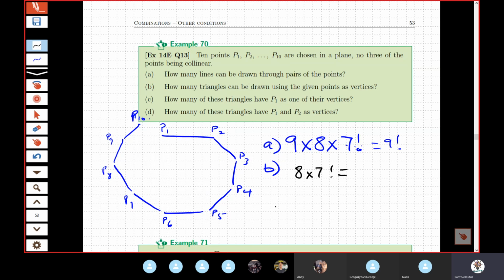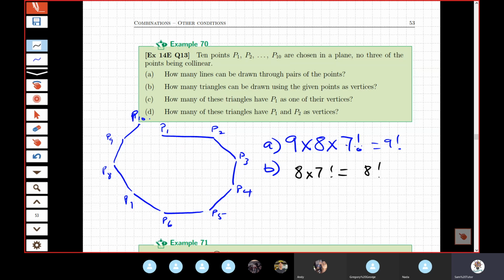I'm happy. It stopped at P8, which is perfect. See that? P8, P9, P10. So that'll be the last one. All good. 8 factorial in other words.